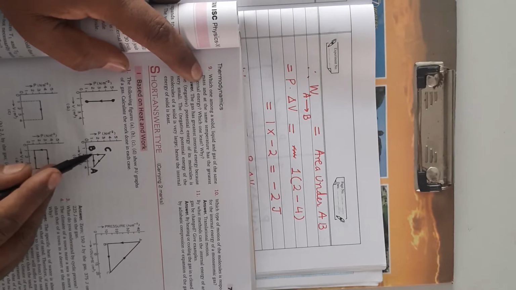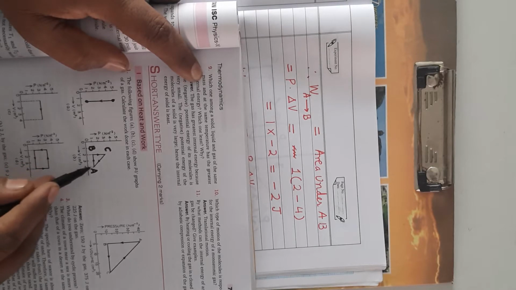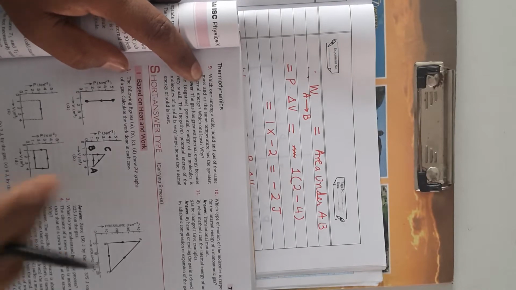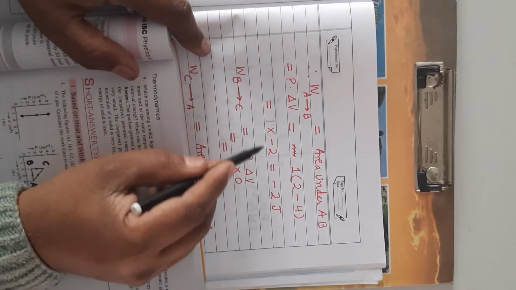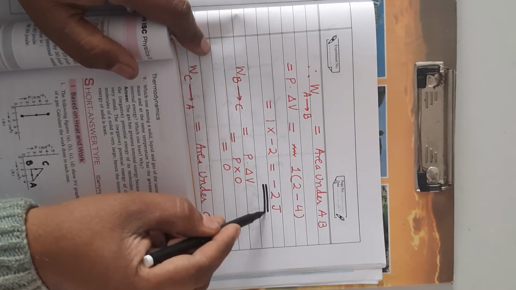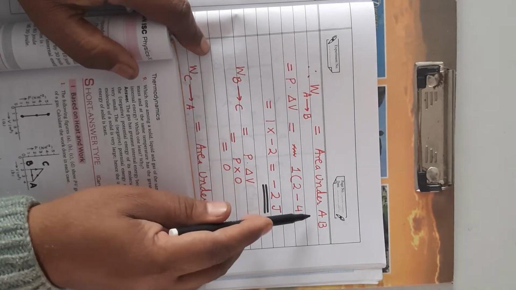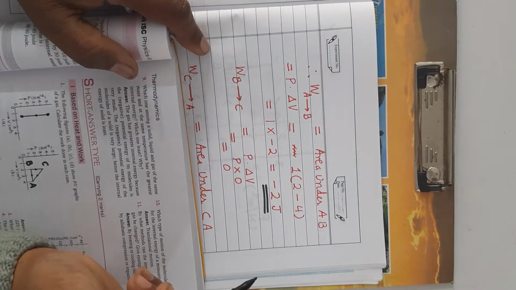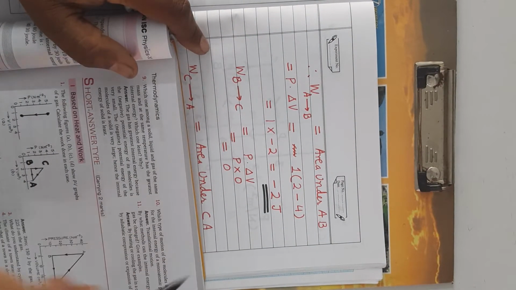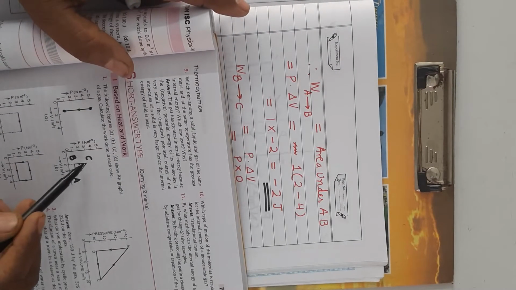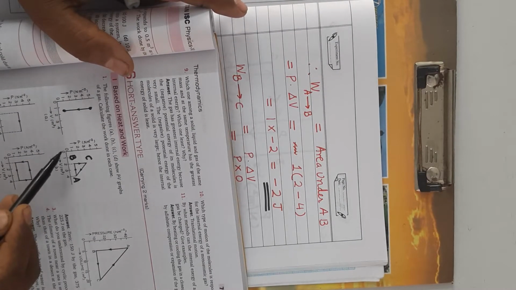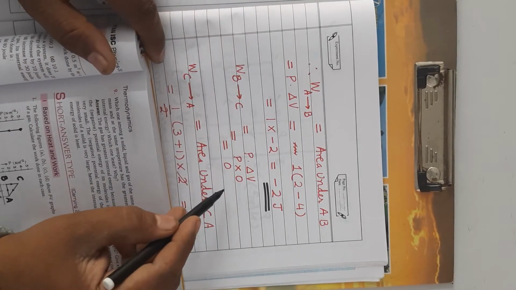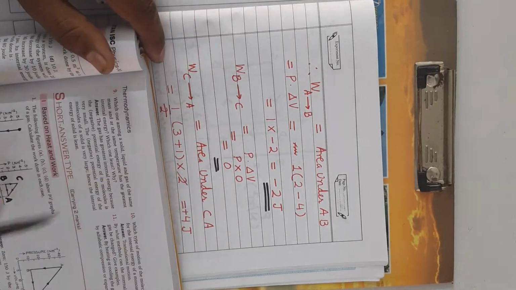Final volume 2 meter cube and initial volume 4 meter cube, that is 2 minus 4. So it will be 1 into minus 2, that is minus 2 joule work. It is clear. Area under AB will be P into delta V, equal to minus 2 joule. Now what is the area under BC? If you see, it is a vertical line parallel to the y-axis, so there will be no area. Delta V will be 0, so it will be equal to 0.